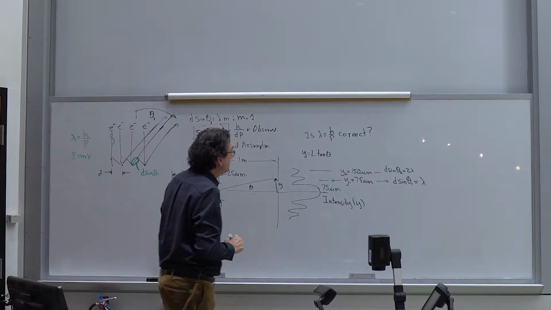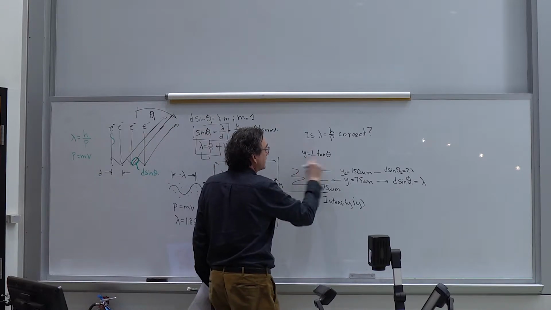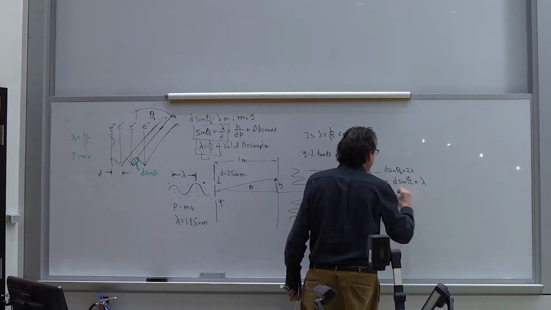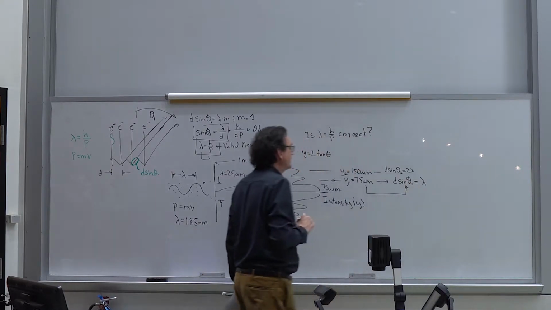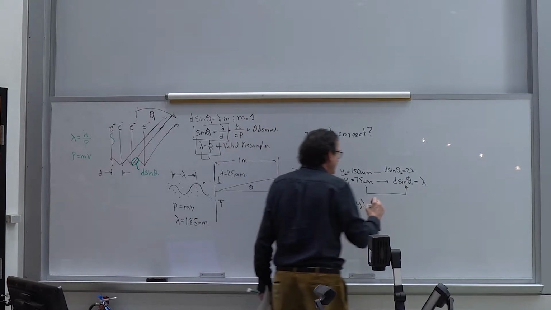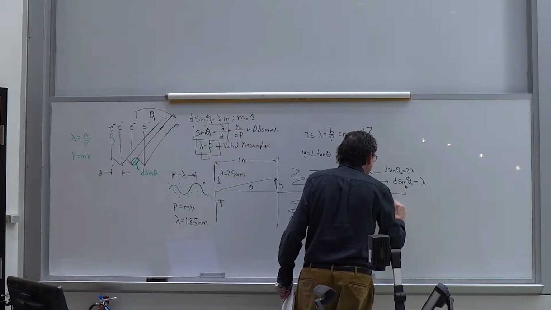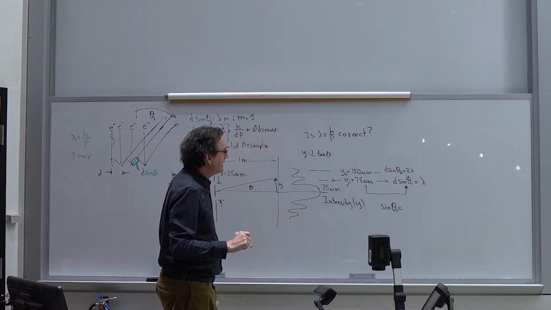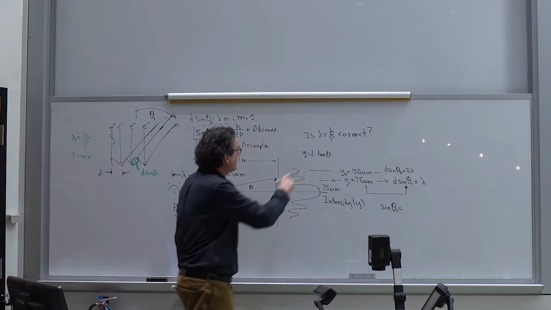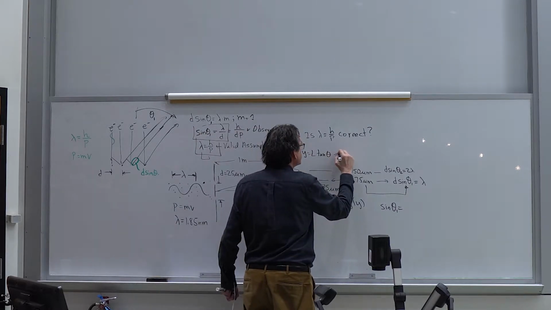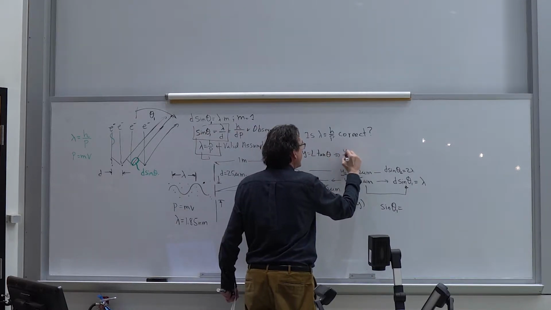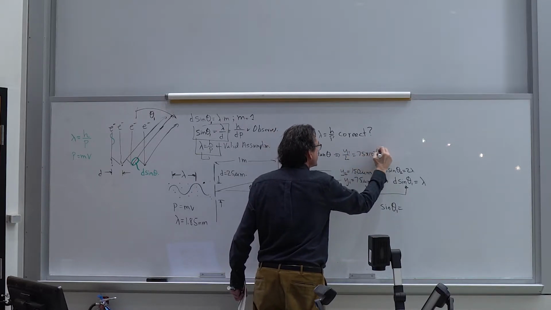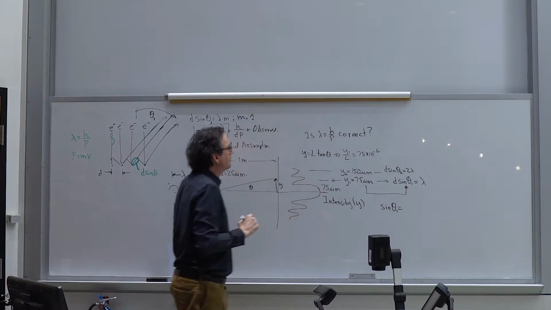Now, because y is equal to L tangent theta, this tells me how to calculate sine theta 1. Right? Sine theta 1 is going to be equal to, and you will see very shortly that a small angle approximation is absolutely valid here, because if I calculate the tangent, then y1 divided by L is equal to 75 times 10 to the minus 6, which is a very, very small number.